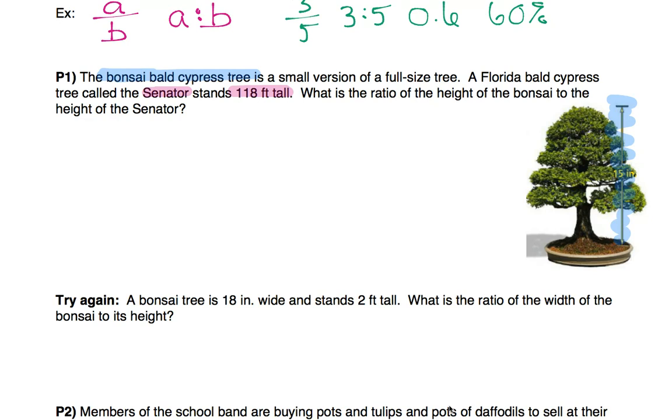So just keep your eyes open for where we're getting these two quantities. We have to read the wording here. What is the ratio of the height of the bonsai to the height of the senator? That means that bonsai has to go on top and the senator has to go on the bottom.